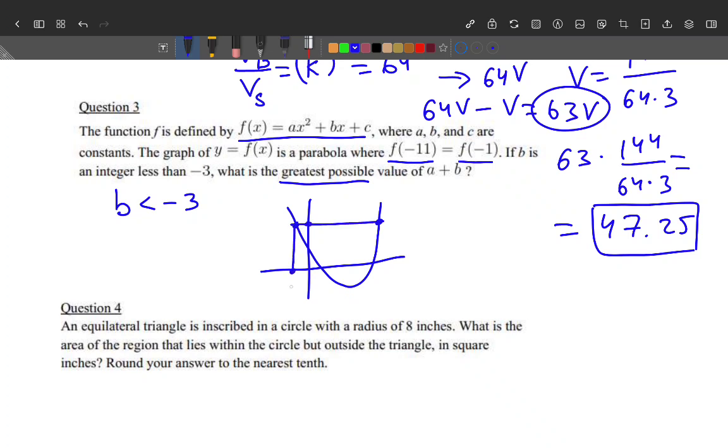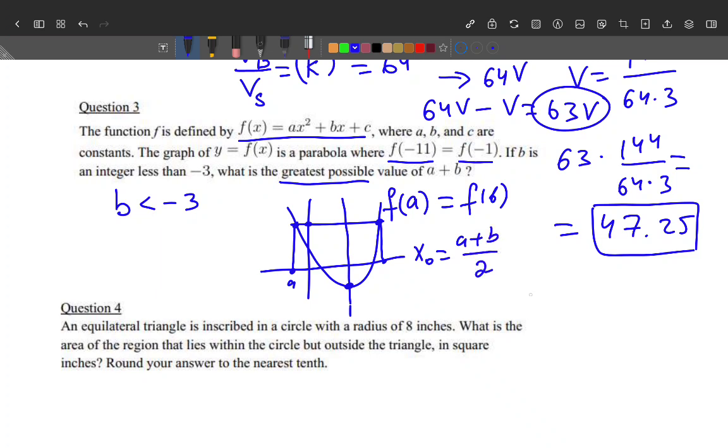For example, it's point A and it's point B. The x coordinate of the vertex will be, for example, if A and if B, the vertex will be a plus b divided by 2.